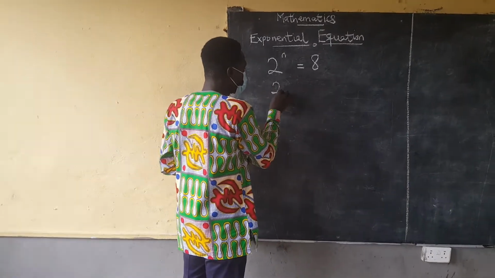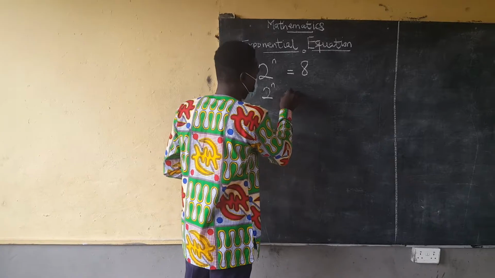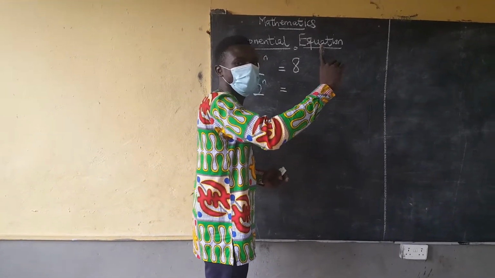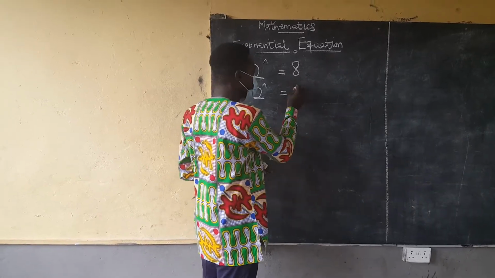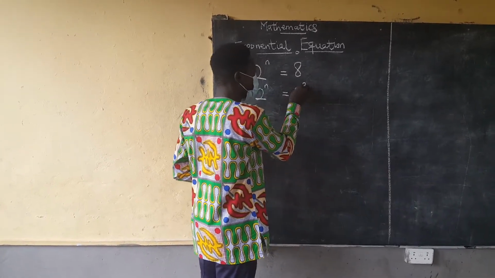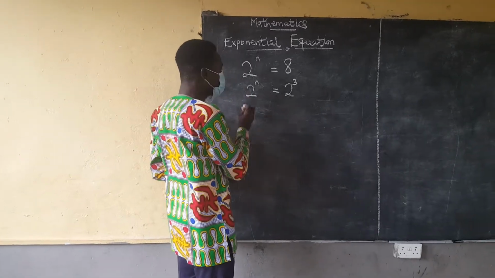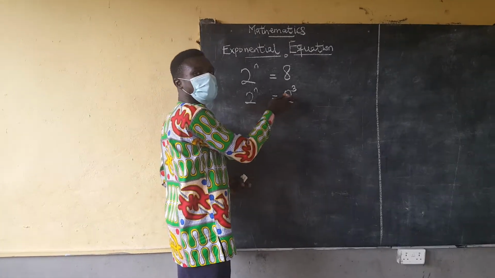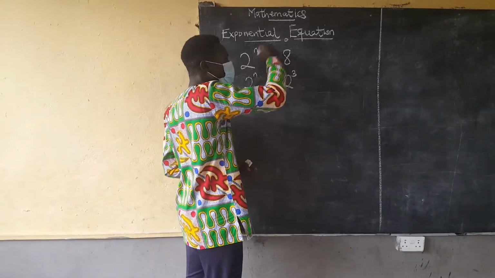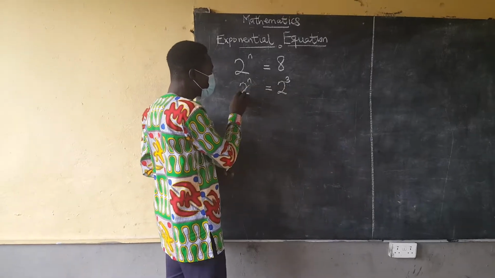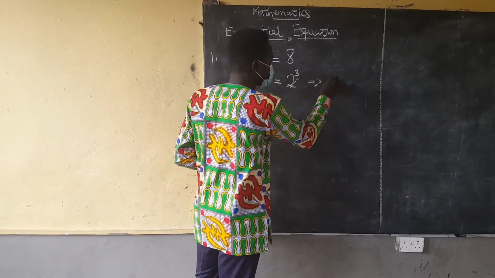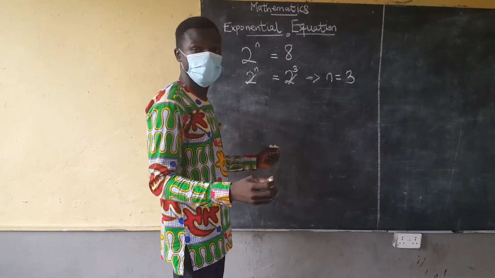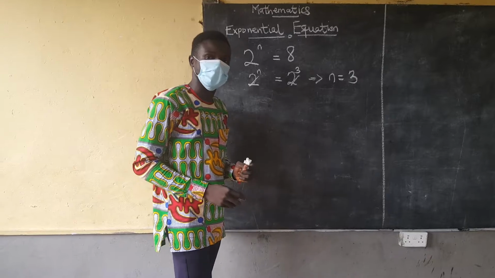So 2 raised to the power n is equal to 2 times 2 times 2, which is the same as 2 raised to the power 3. Last week we said that if the bases are the same, we equate the exponent. So because 2 is the same as 2, I can say that n is equal to 3. This is what we talked about last week.